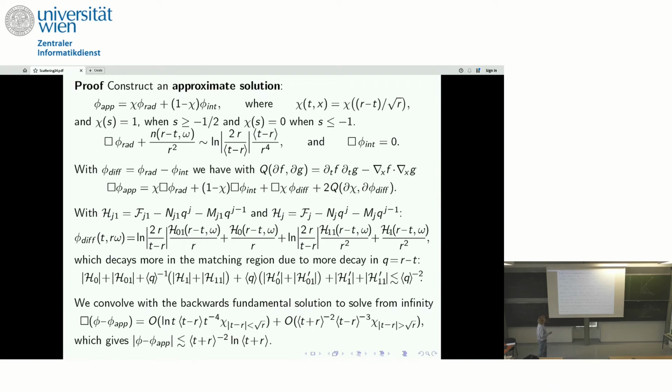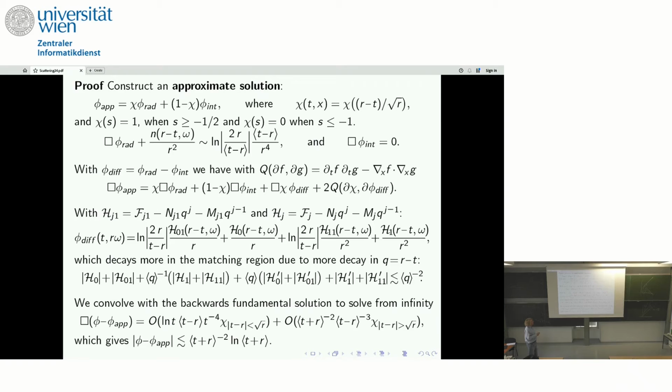This looks like a lot of calculation, but the main idea is that you only need to estimate the difference of the two in the transition region.